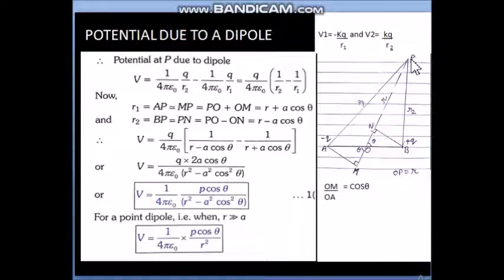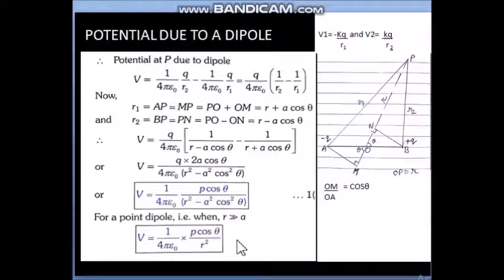Point P is very far. So A is very much less than R, or R is very much greater than A. So what we have to do, the approximation rule says that the smaller term we have to put 0 in the addition or subtraction terms only. So as we put A as 0 here, this whole expression will be removed, and only P cos theta upon R square will be left.